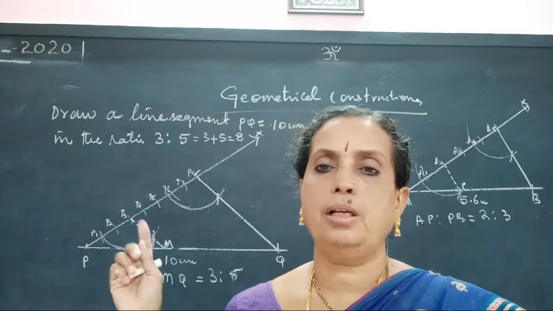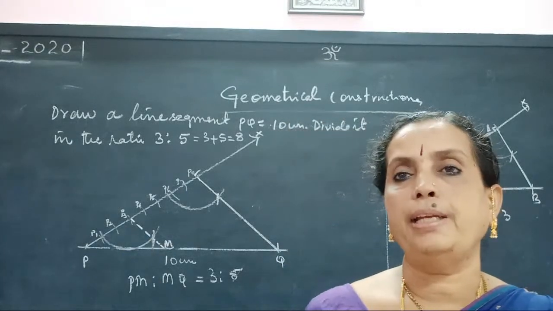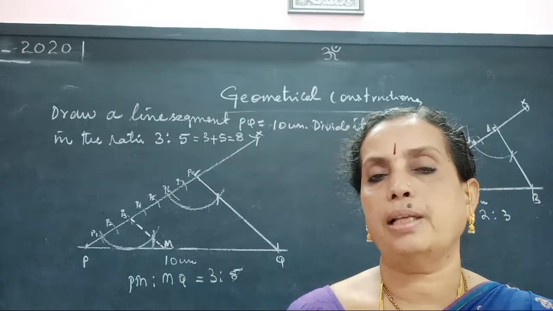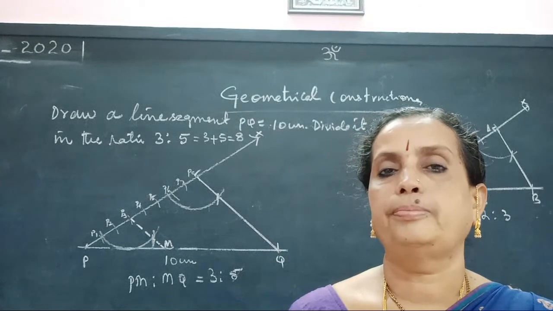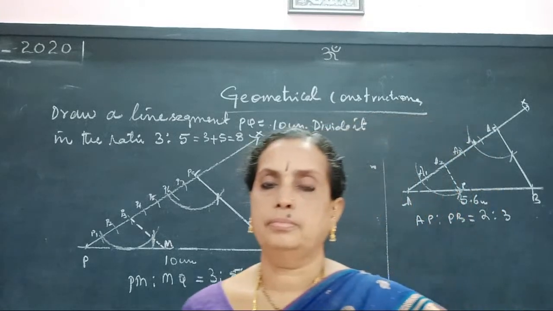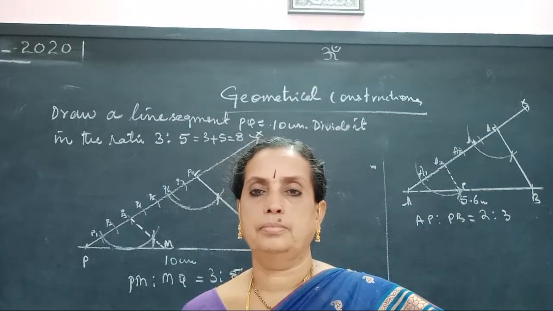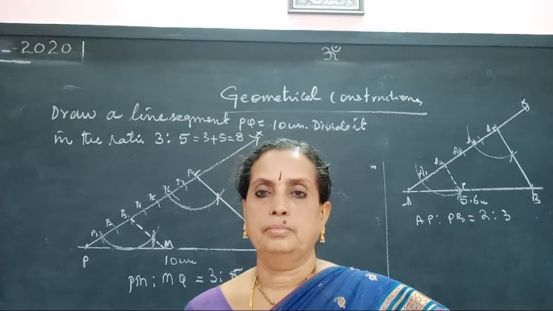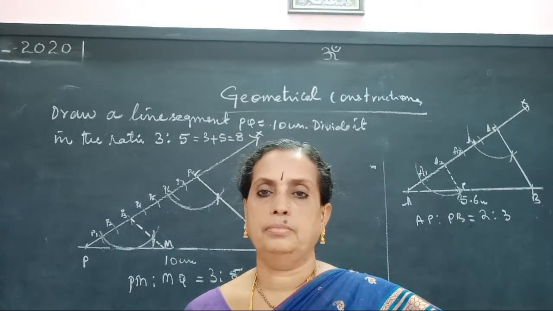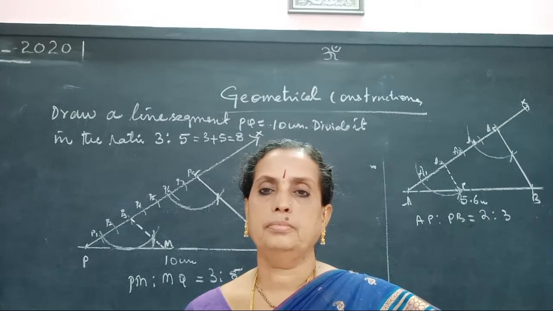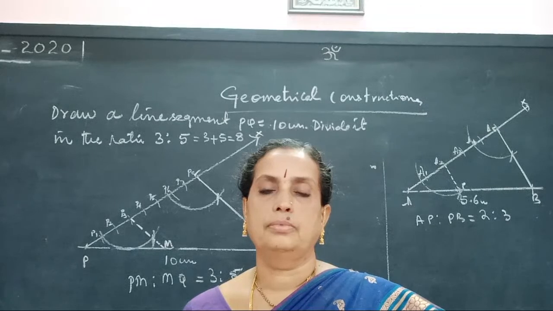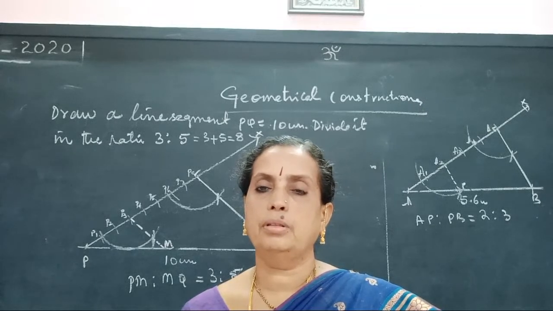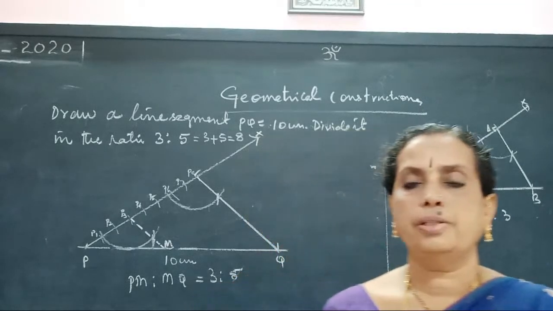The construction, that is, construct a line dividing a given line segment in the given ratio. Shall I proceed now? Next question.